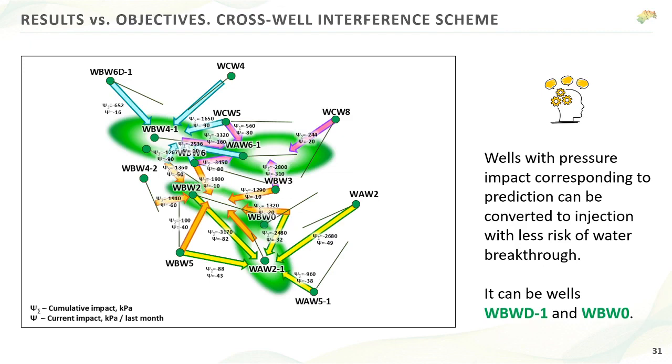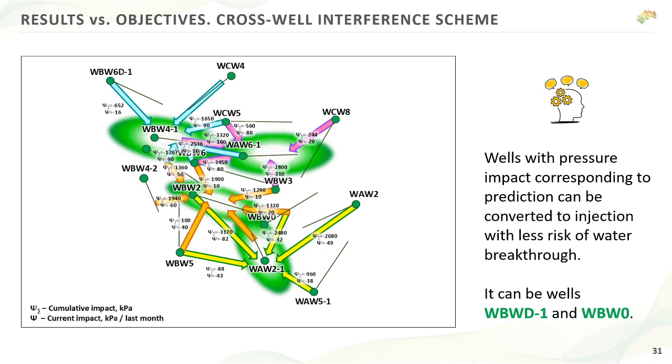We can see that some wells have quite high pressure impact, and sometimes it's caused by low connected thickness between the wells. So each of these wells would not be such a good candidate for conversion, because it would be quite soon flooding the other well, and we would have the early water breakthrough in this pair of the wells, right?